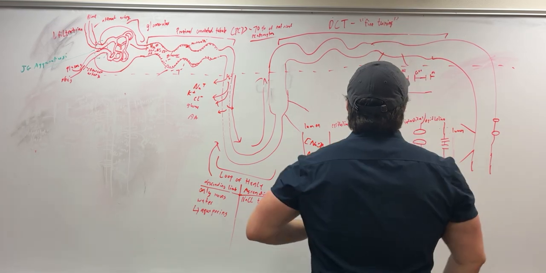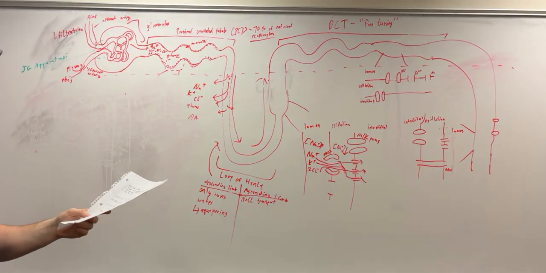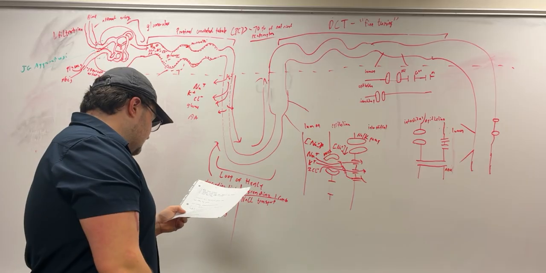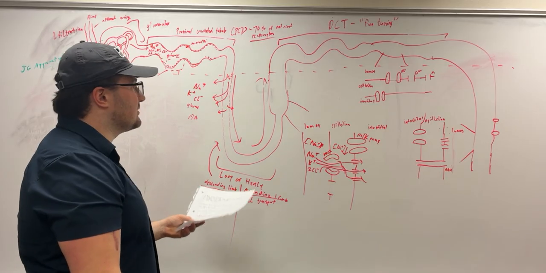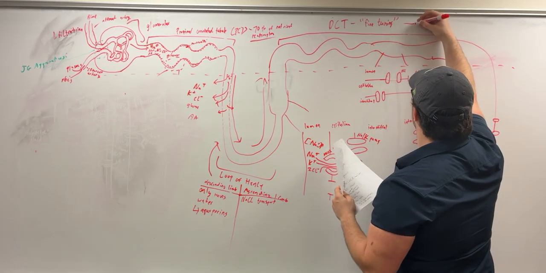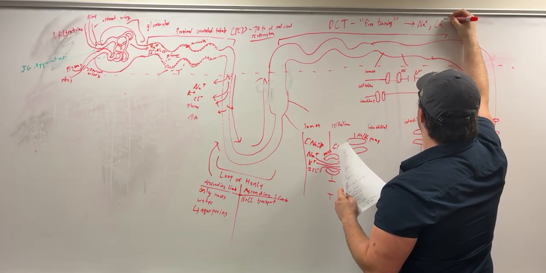So this is going to sort of be the last point before we enter the collecting duct, where we're actually able to sort of mess with the solutes. And so the solutes that we want to mess with, sort of the biggest two, are going to be sodium and calcium.